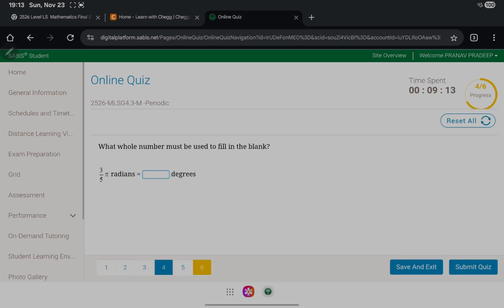Here we have another conversion question. So they're asking from radians to degrees. So to do radians to degrees, you multiply 3 over 5 times pi radians times the conversion factor. You'll have to multiply by 180 over pi.